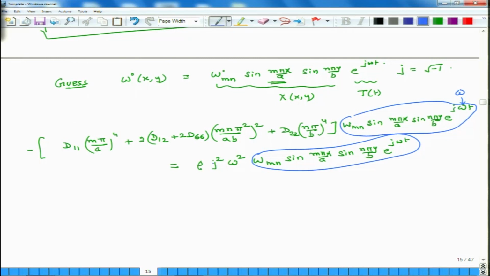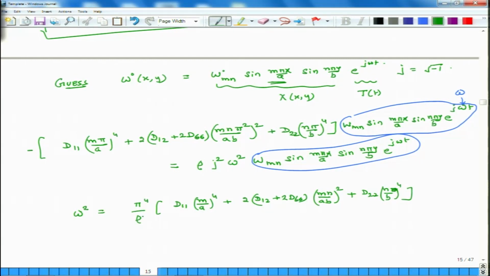If this equation has to be true, and j square becomes negative 1, then what I get is omega square is equal to pi to the power of 4 out, and then d11 m over a to the power of 4 plus 2 d12 plus 2 d66 mn over ab whole thing square plus d22 n over b whole thing to the power of 4, and on the other side I get density in the denominator.